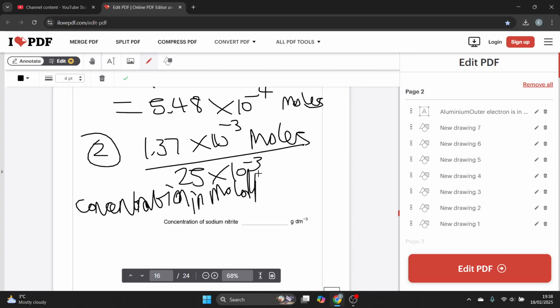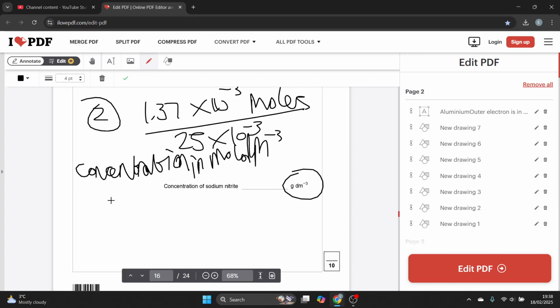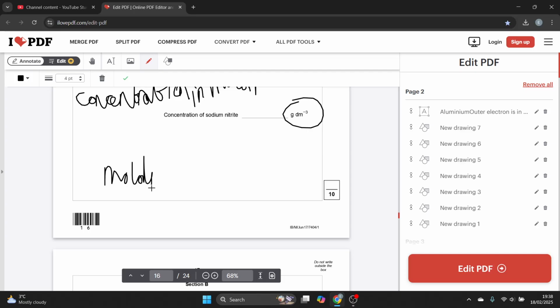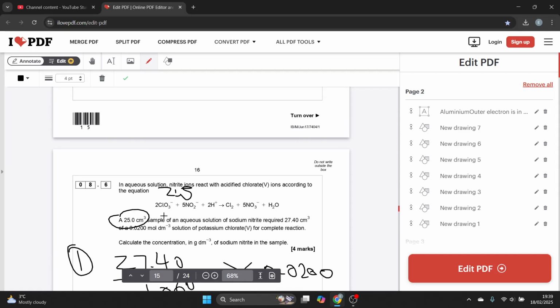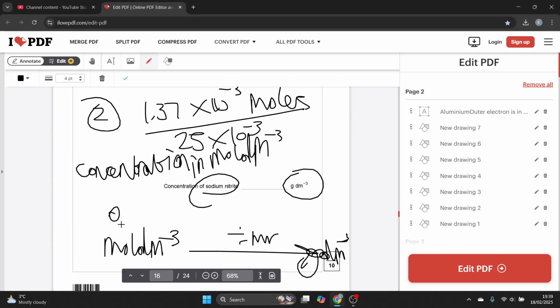If I want concentration in grams per dm cubed, in order to go from moles per dm cubed to grams per dm cubed, I need to divide by the Mr. So sodium nitrite, what's the Mr of that? Well, 0.0548 divided by the Mr of sodium nitrite. Let's think about it.